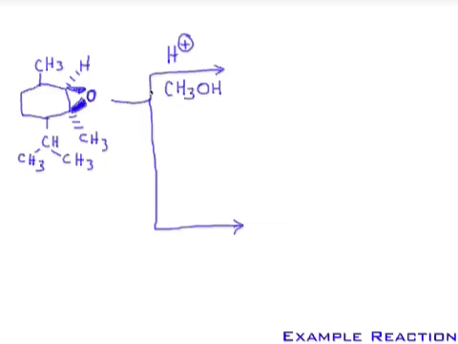When we attack the more hindered carbon, it comes in the back side. This is coming out, it comes from behind. That means this bond will break and the CH3 will invert because SN2 gives you inversion.